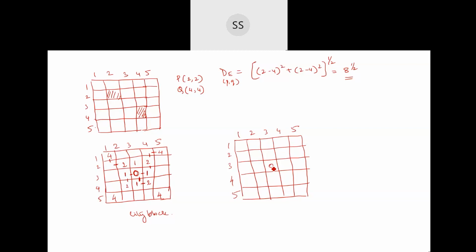Now, with respect to this, how do I define the distance of my neighboring pixels? Here, I'm going to make use of 8 neighbor adjacency, where all the 8 neighbors of my 0 are considered to be at a distance of 1. That is the straight neighbors, up, top and bottom, left and right, and even the diagonal ones are said to be at distance 1.